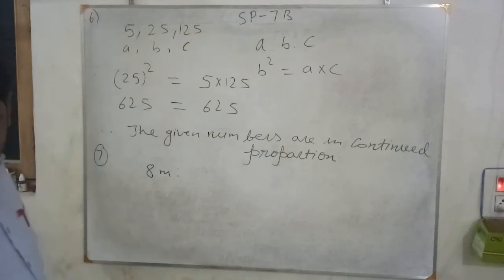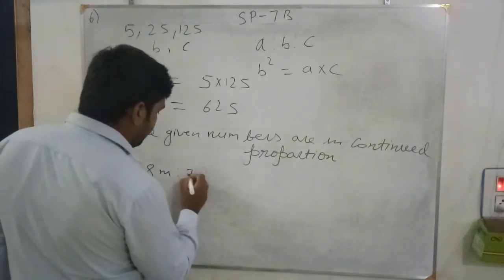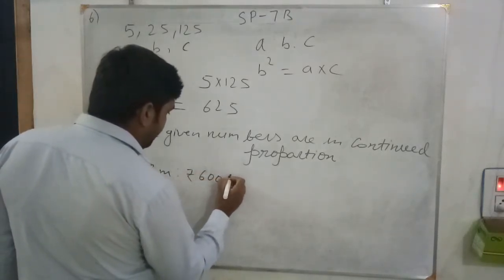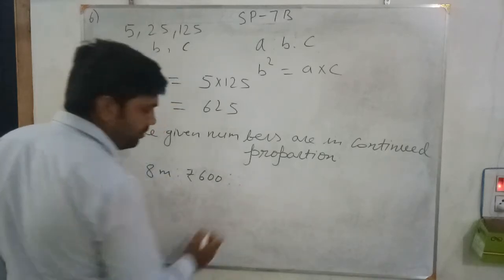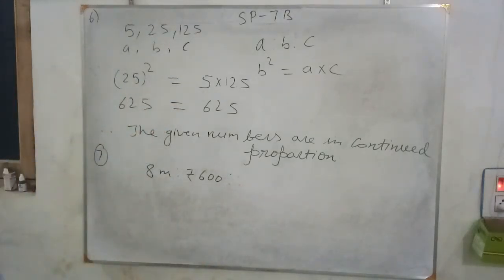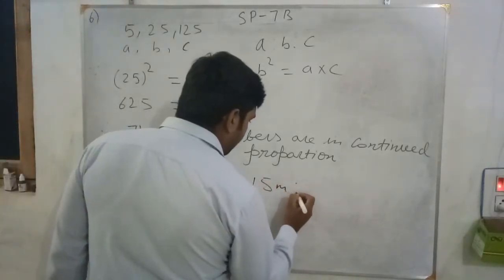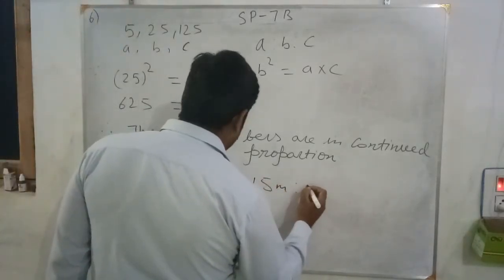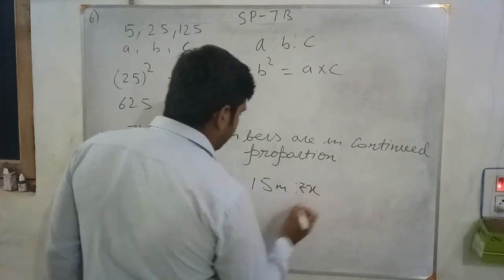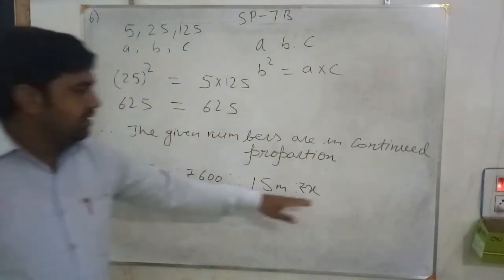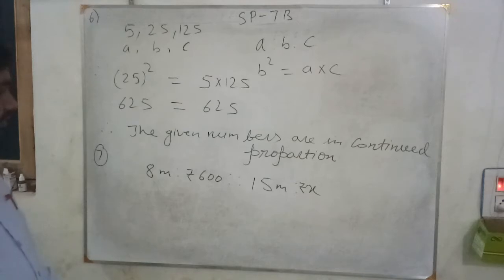Cost of 8 meter is 600 rupees, that is proportion to the new cost of 15 meter. We do not know the cost of 15 meter, so let that cost be x.